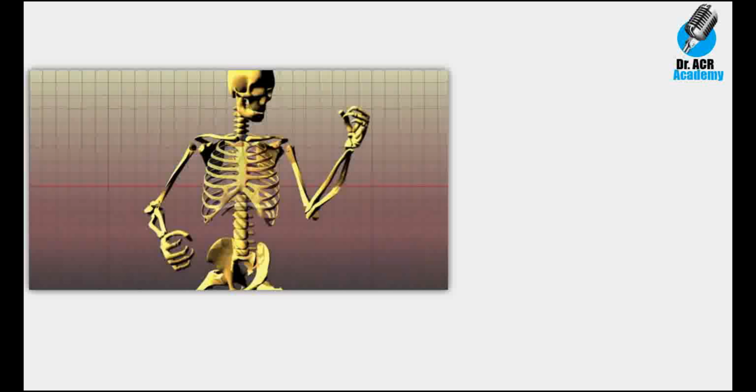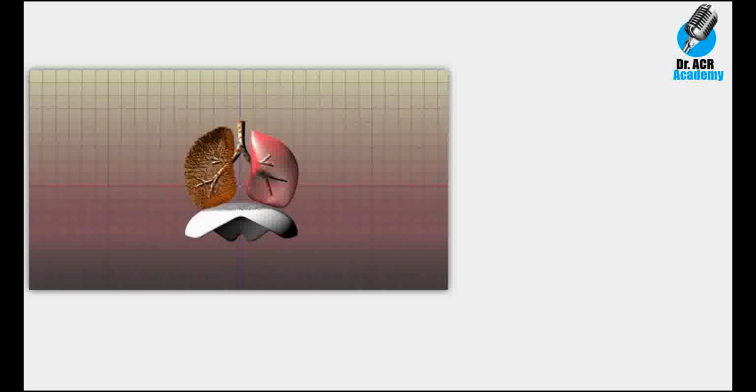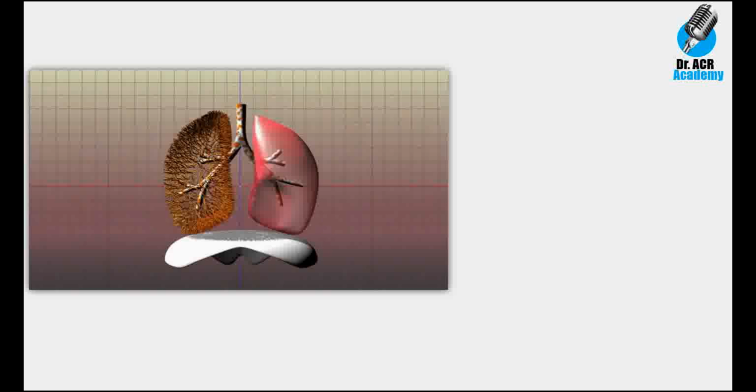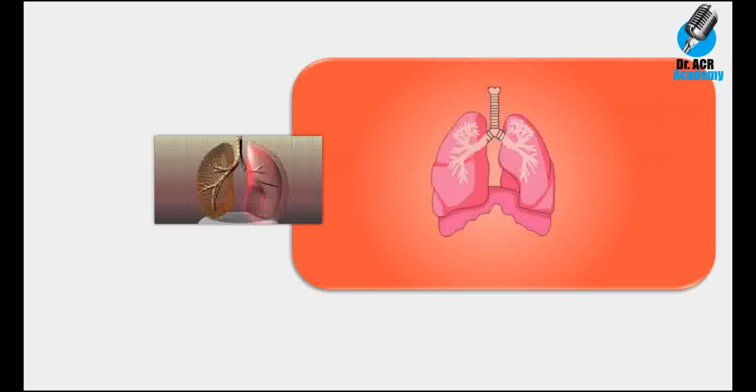There are ribs on the sides of the chest cavity. A large muscular sheet called the diaphragm forms the floor of the thoracic cavity.